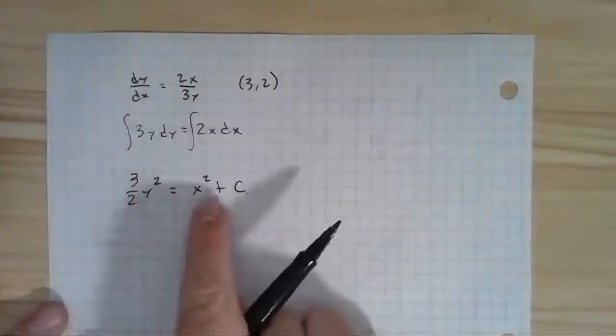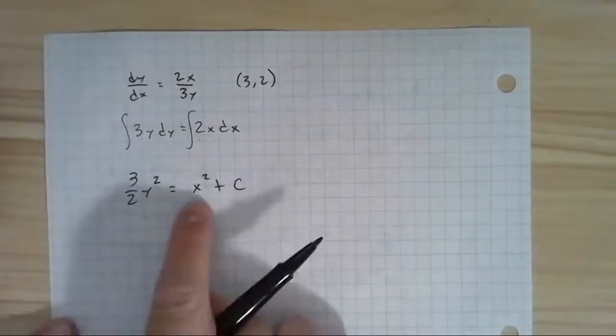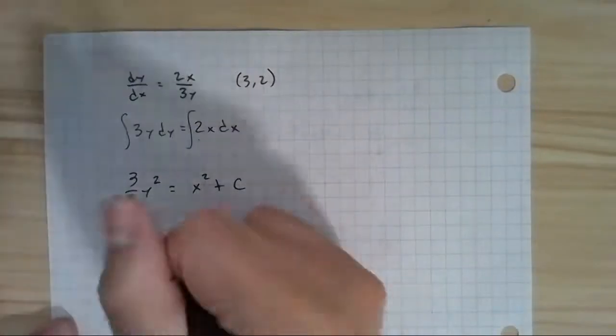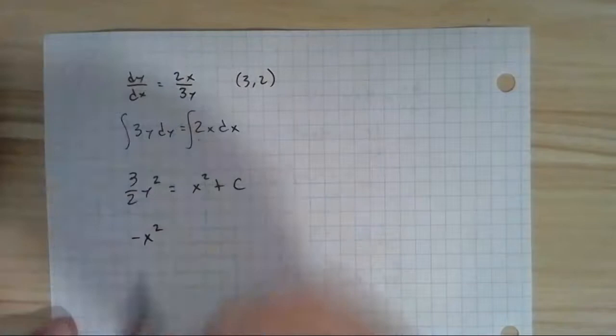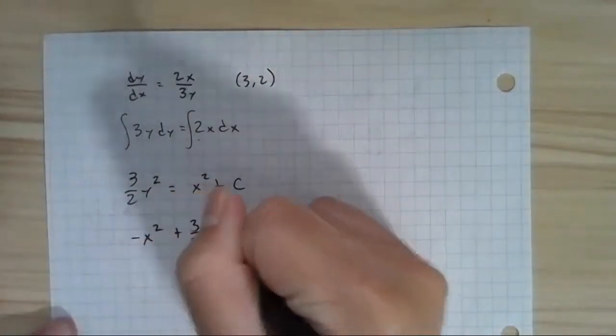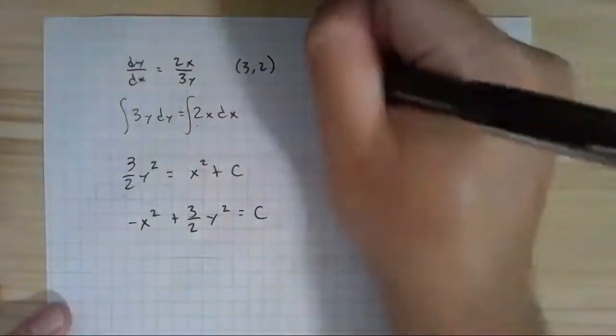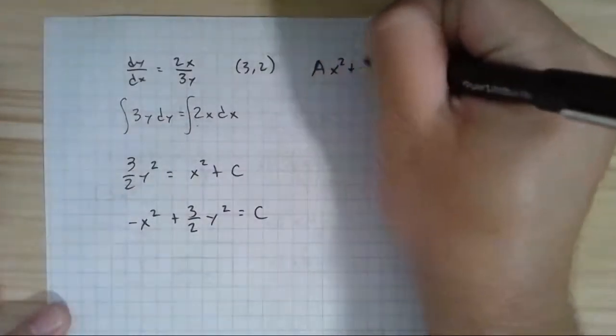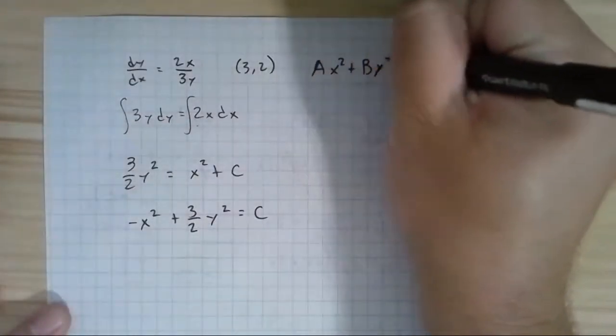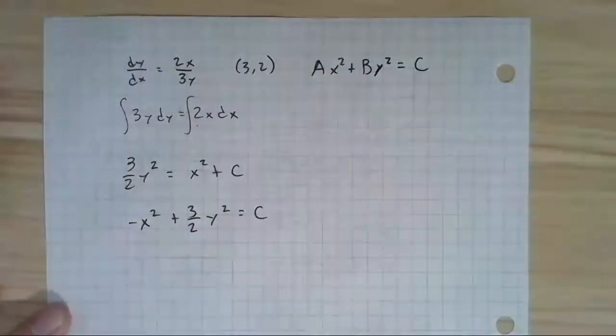Okay, I'm going to subtract the x squared over to the left side, and I'm also going to put it first, so I have this right here. And as you guys can see, that's very close to standard form. Standard form is ax squared plus by squared is equal to c.